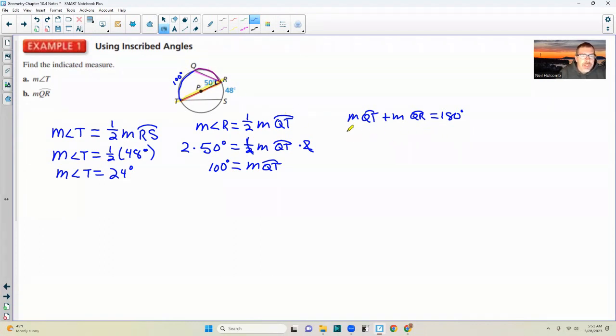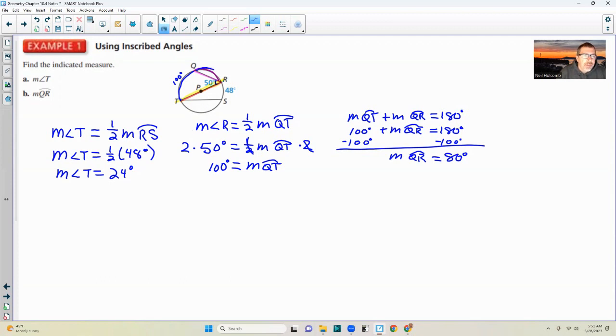So now I know QT is 100 degrees. And add that to the measure of arc QR, and they have to equal 180 degrees. And I subtract that arc from both sides. Then I get the measure of arc QR equals 80 degrees.